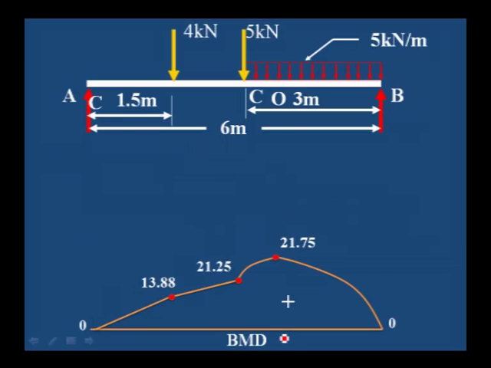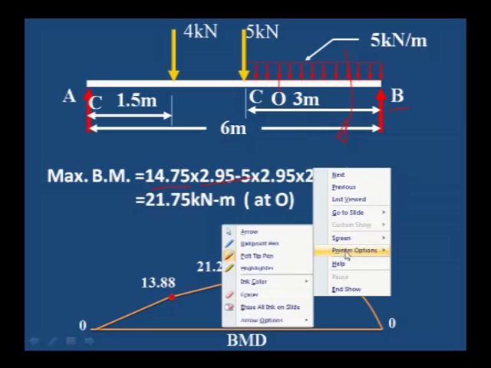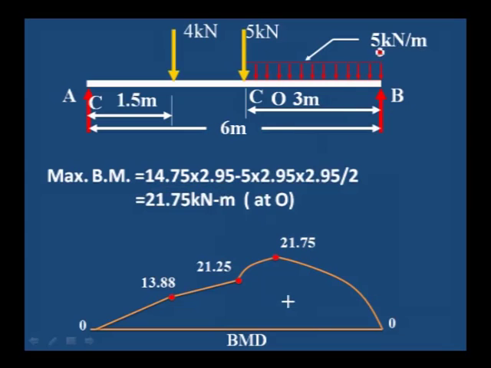We have the x value, we can calculate the bending moment at O. O point is at a distance of 2.95 from B. 14.75 is the RB value into the distance, the x value 2.95. We are taking moments up to the O point, that is 2.95 distance, minus, this is a clockwise movement due to the uniformly distributed load, minus 5 into the distance 2.95.